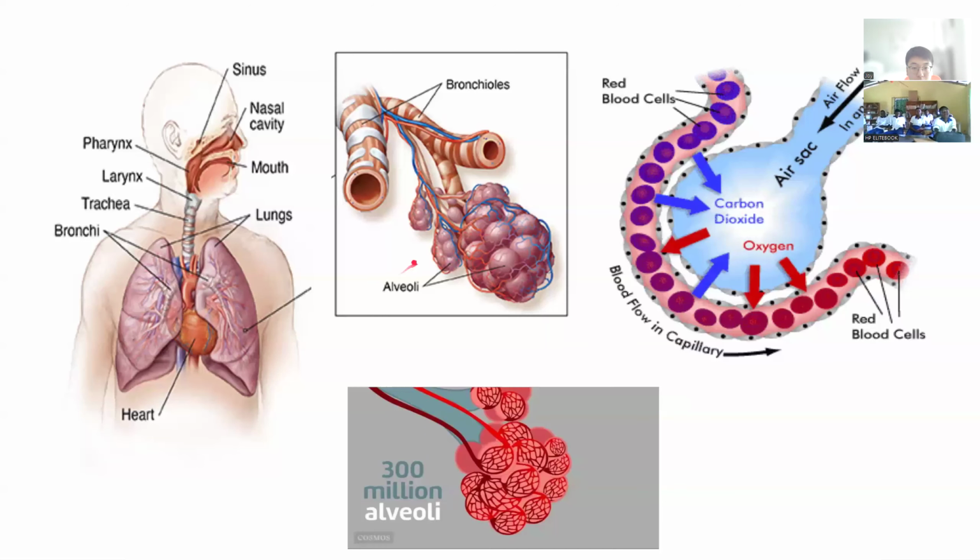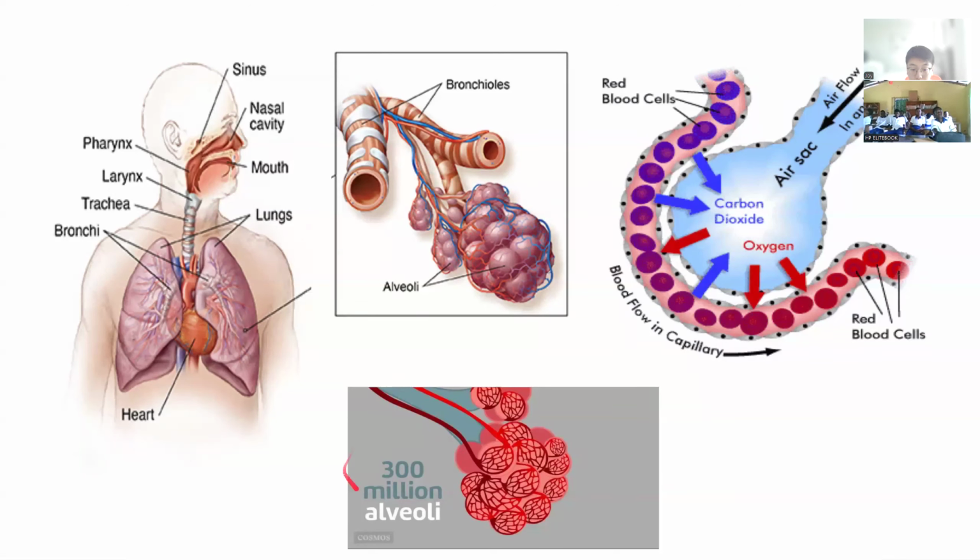And inside the lungs are alveoli, which are these tiny, tiny buds that make up the lung. These are like sacs where oxygen comes in through the bronchioles. The bronchioles are the smaller branches of the bronchi, and it moves into these tiny sacs of alveoli.